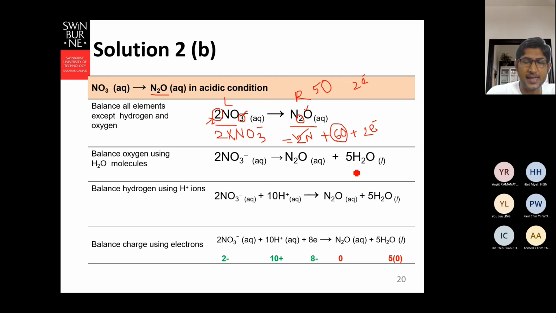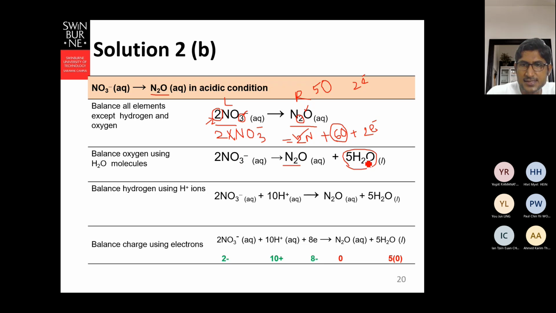So this is how I can balance, and now the number of atoms is balanced: 2 nitrogen, and 5 oxygen plus 1 makes 6 oxygen.